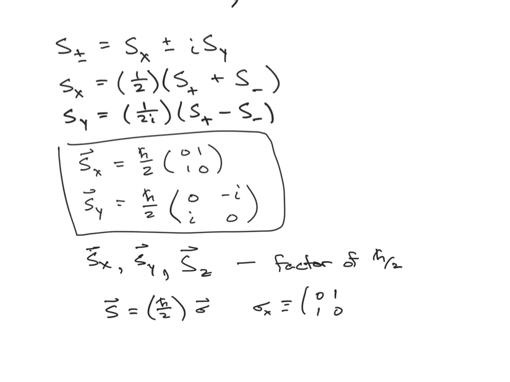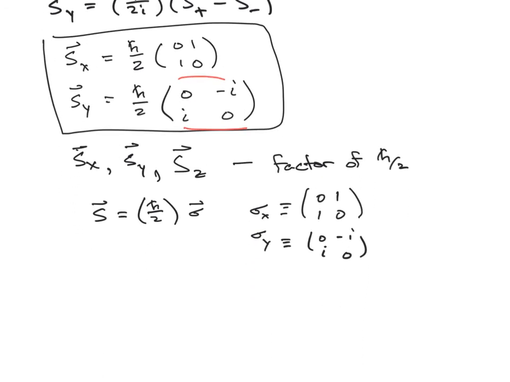So I'm getting that from right here. I'm going to grab the y component from right here. So the y component of that sigma matrix, we're going to define as 0, negative i, i, and 0. And the z component, we're going to grab from up top there, that is 1, 0, 0, negative 1.